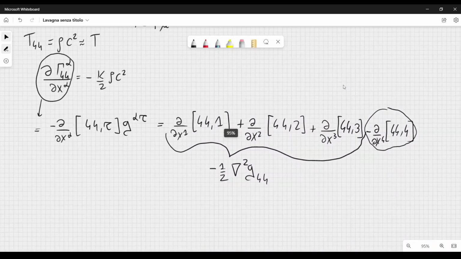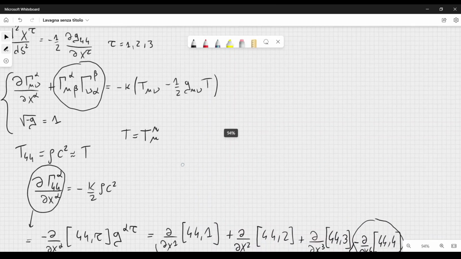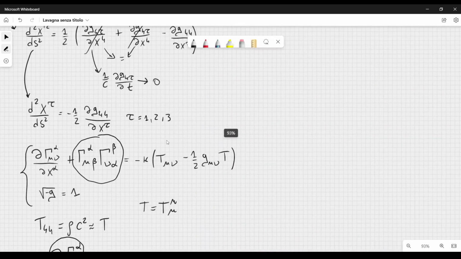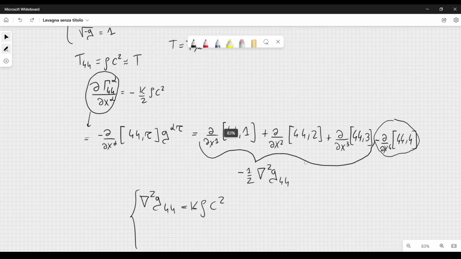We have the derivative with respect to time there. Therefore, we have found these equations, del squared g44 equal to k rho c squared, and we also have these equations that we found earlier, this one here. So let me rewrite it below.